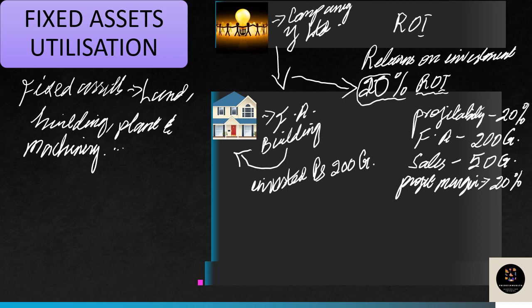So a company called Y Limited has invested in this project, and let's say it's a big project, like land, building, plant and machinery. They have taken this investment with an expectation of 20% return on investment.